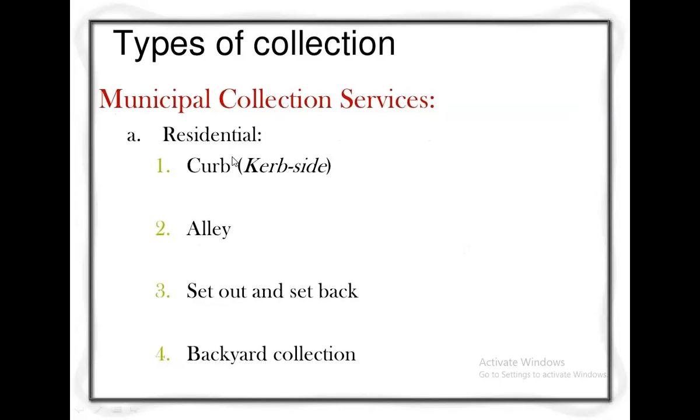At that place, near to the house, the waste is collected, or at the alley line, setback and set out, backyard collection. This waste is collected from the residential areas. Municipal collection services: near to the curb, alley, set out and setback, backyard collection.